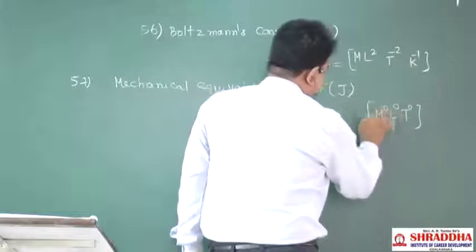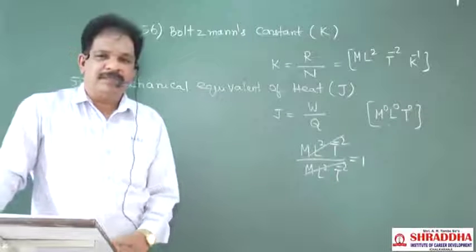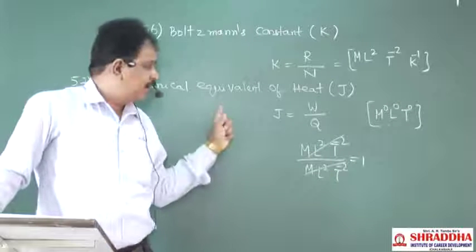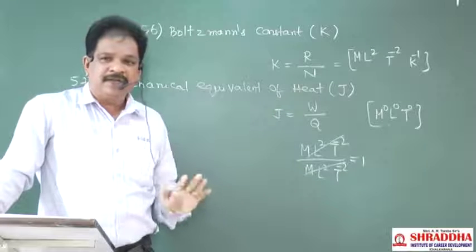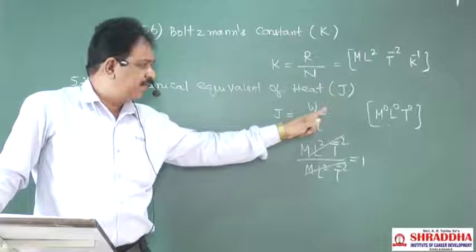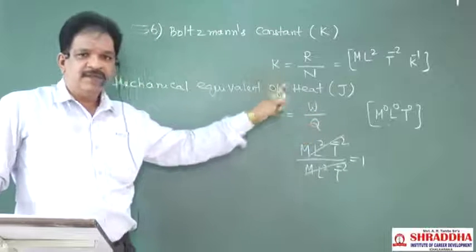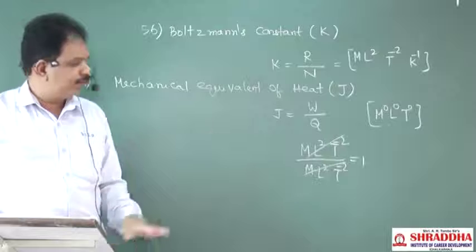M power 0, L power 0, T power 0. Mechanical equivalent of heat is not having any dimensions. Its dimensional formula, if they ask, M power 0, L power 0, T power 0.